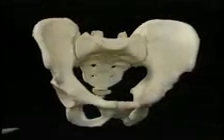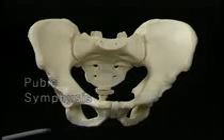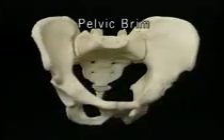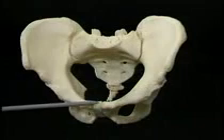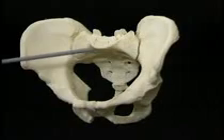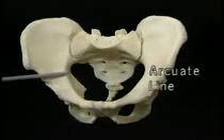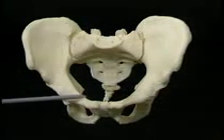The two hip bones are held together in front by a cartilaginous joint, the pubic symphysis. The front of the pubic symphysis is here. The pelvic brim, the narrowing which forms the open end of the pelvic cavity, is made up by the pubic symphysis in front, by the promontory of the sacrum behind, and on each side by the ala of the sacrum, this shoulder on the body of the ilium called the arcuate line, and by the superior ramus of the pubis.